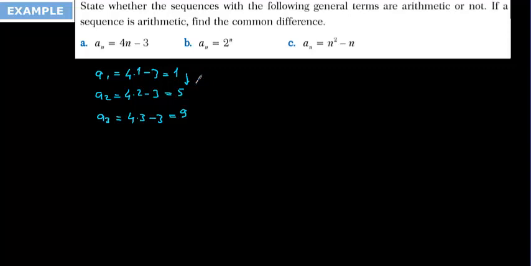When you check the differences, a3 minus a2 is equal to a2 minus a1. They are all equal to 4, so the sequence is arithmetic.